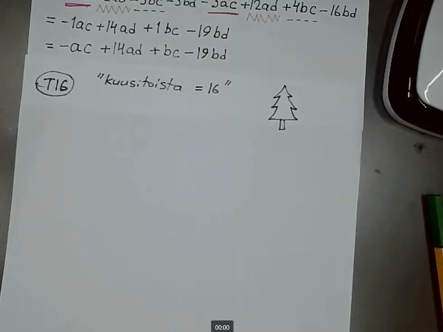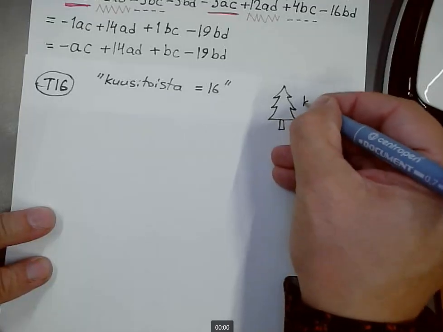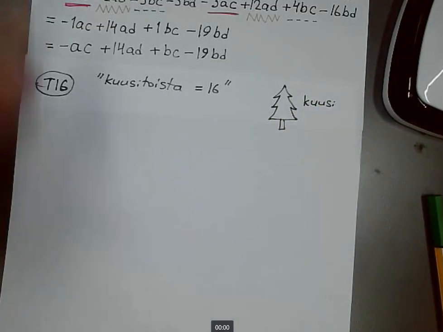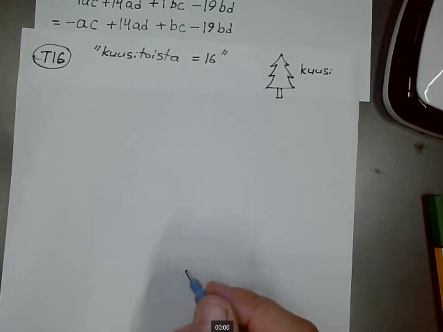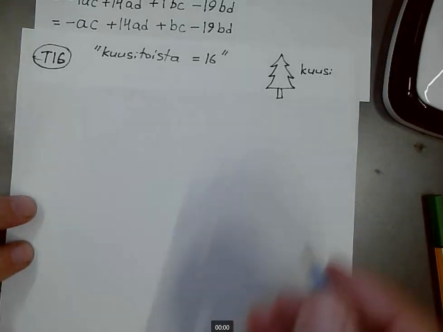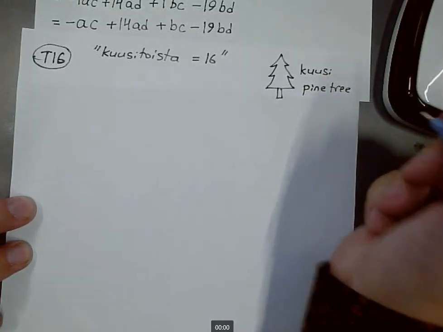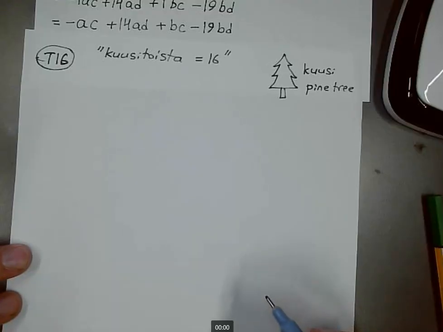Spruce. I don't remember, but it is also kuusi in Finnish. Pine tree, yes. So no, pine means different.